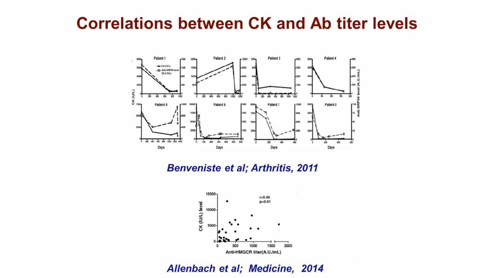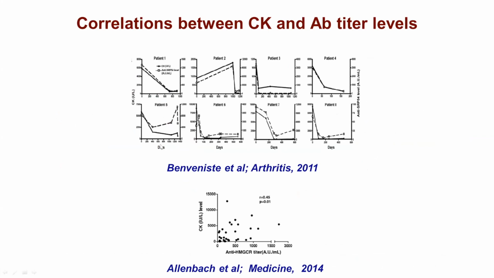But we observed first that there is a good correlation between the CK level, and the CK is just the reflection of the myolysis. The more necrotic fibers you have, the more your CK level is elevated, and the anti-SRP titers over time.